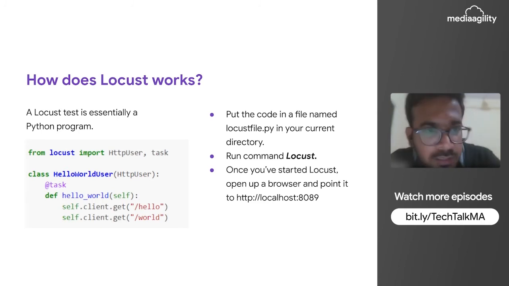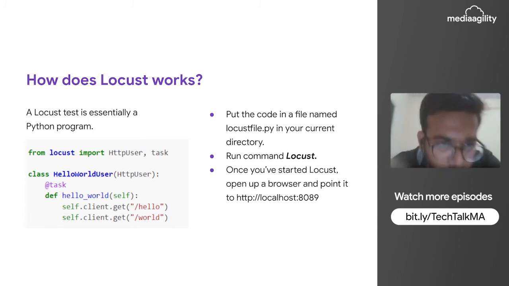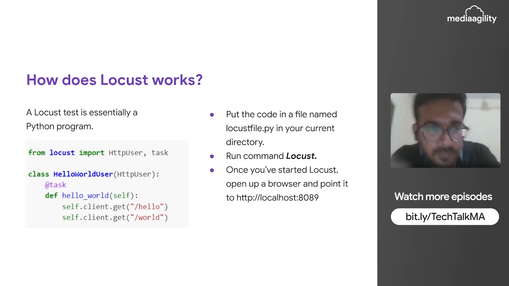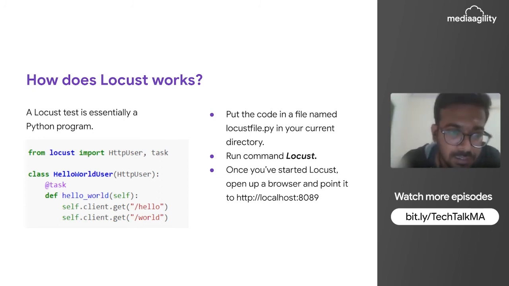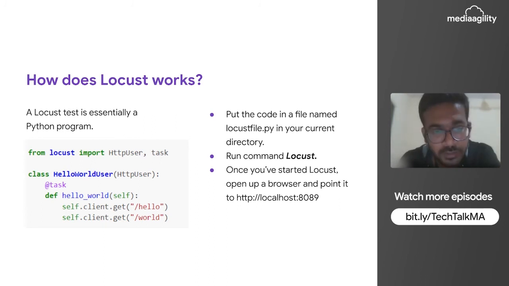So this is the basic structure of how Locust works. Basically, a Locust test is a Python program. Here I have put a small sample code. Here we can see with the @task annotation, we can provide endpoints for Locust.